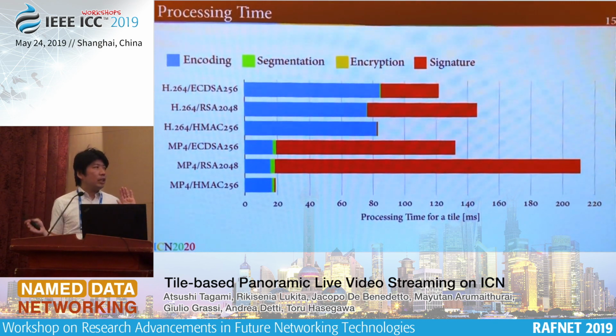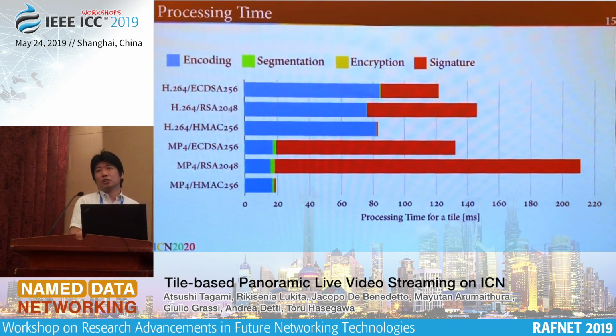Actually, we use a 500 millisecond video duration, and we separate 100 tiles for each frame, so we should process only 5 milliseconds for each tile. This MP4 and HMAC combination is an acceptable rate using multi-core.